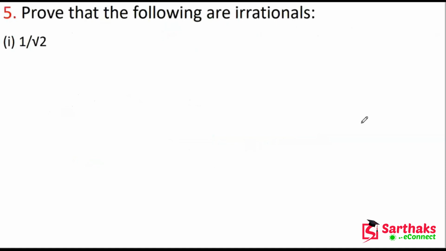Let's prove that the following are irrational. Our first question is 1 upon root 2. Again, let us assume that 1 upon root 2 is rational.